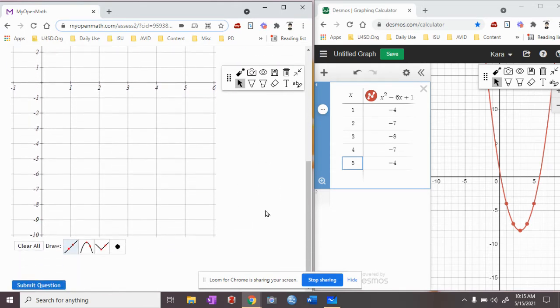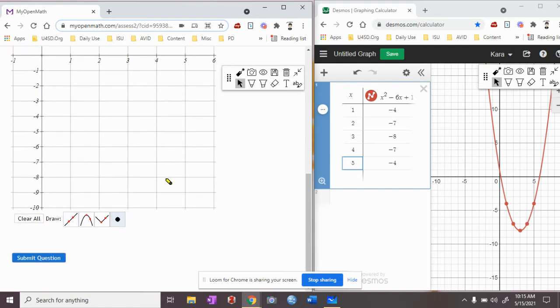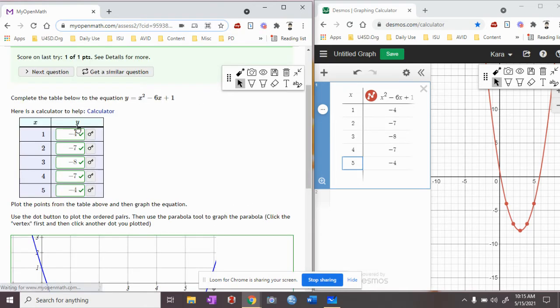Okay, so with my dot tool, I'm just going to plot these points: 1, -4, 2, -7, 3, -8, and then I'm going to reverse track a little bit here. Okay, should be close enough. Click the parabola tool, vertex, and another point on my parabola. Okay, and then we submit.